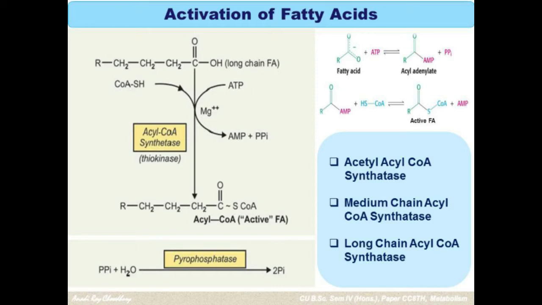Medium chain acyl-CoA synthetase activates 4 to 12 carbon fatty acids. Long chain acyl-CoA synthetase activates 12 to 24 carbon fatty acids. They can activate saturated, unsaturated, and hydroxy fatty acids also.